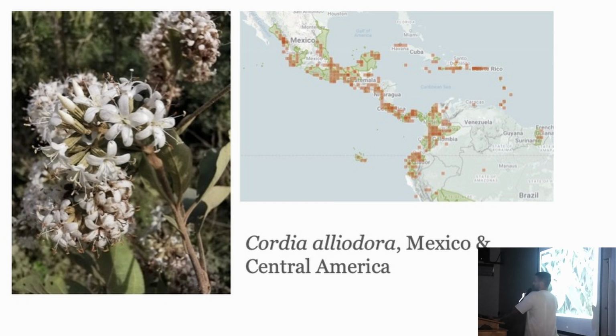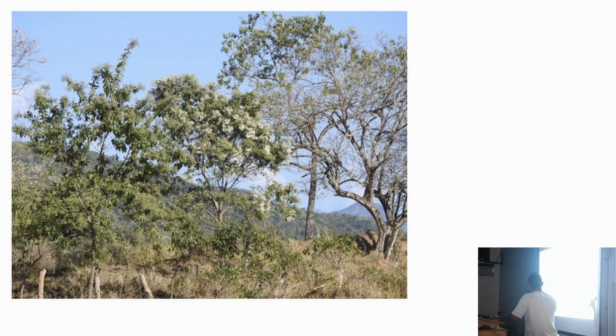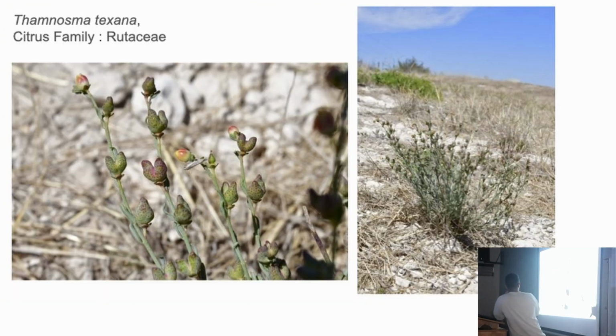Anaqua, Ehretia anacua, also has that same leaf texture. They're in the same family. Cordia alliodora from Mexico and Central America. And of course, these habitats, they probably get a little bit more rain than we do. They're in the tropics, so they've got that summer wet season, winter dry.